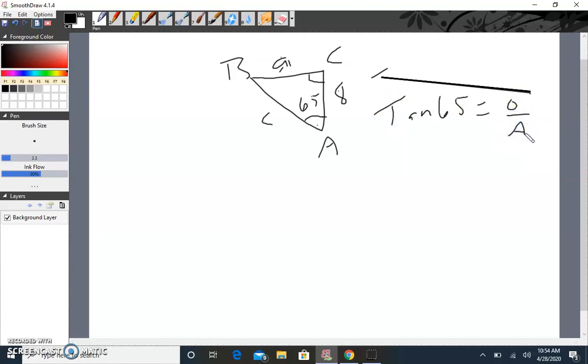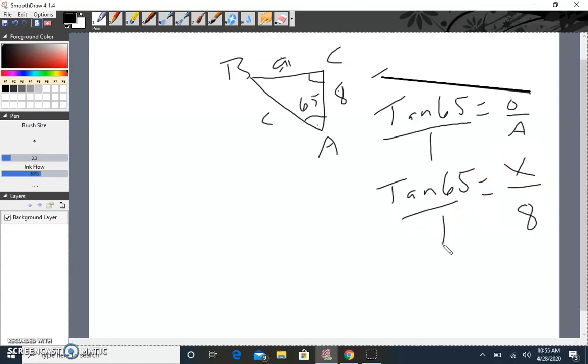So as we look here, before we plug it in, this is something equaling a fraction. And a lot of times when you have a fraction like this, the easiest way to work these out is if they're ratios. So if we put that over 1, that's a fraction, and that is a fraction. So we can work those out as tangent of 65 equals opposite, we don't know, over our adjacent.